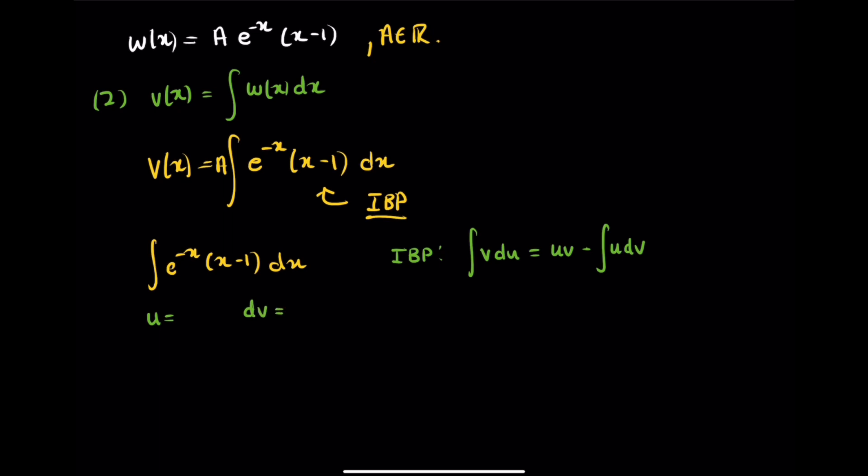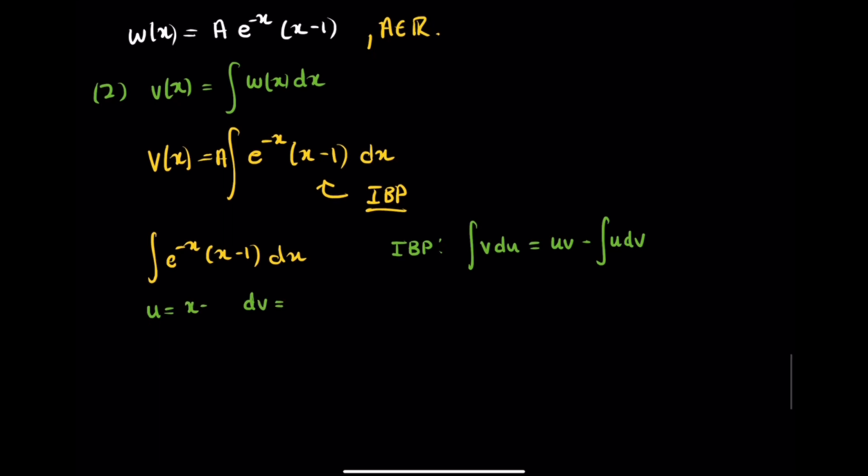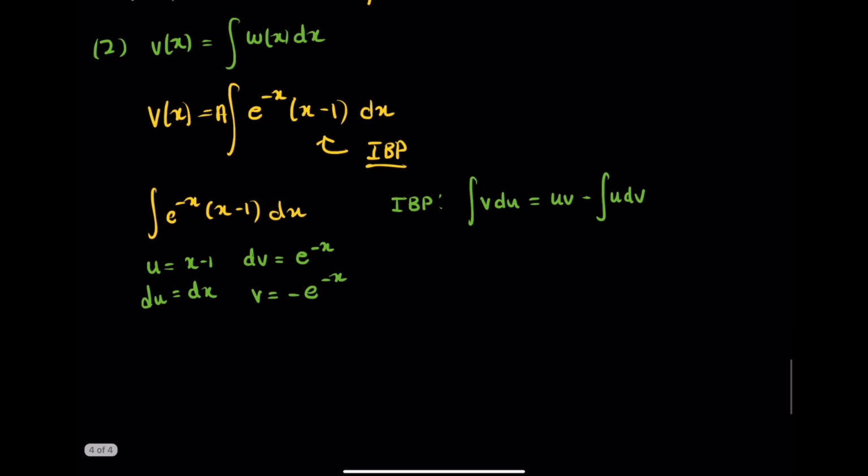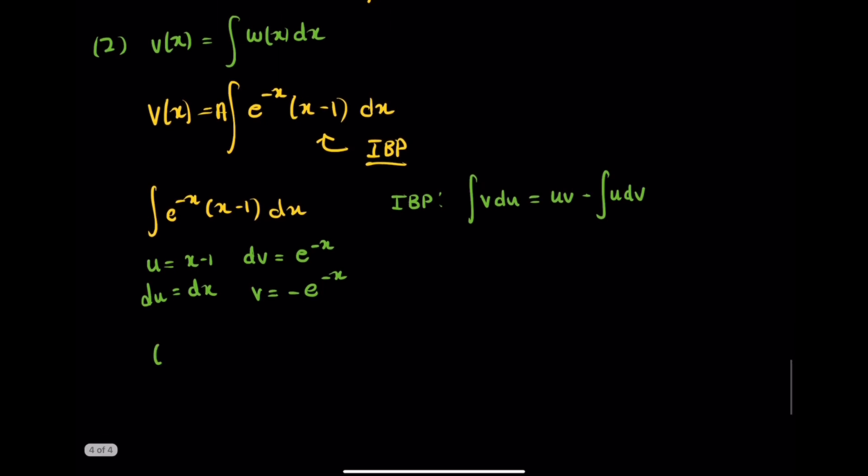Your u is x minus 1, because then du will just equal dx, and dv is equal to e to the minus x, and v is equal to minus e to the minus x, because we take the integral. Now we put it into the IBP form, so uv is going to be x minus 1 times minus e to the x, minus the integral of u, which is x minus 1, and dv, which is just dx.